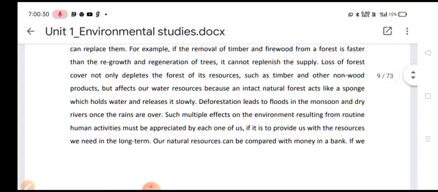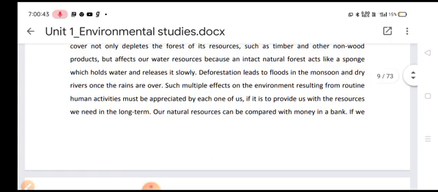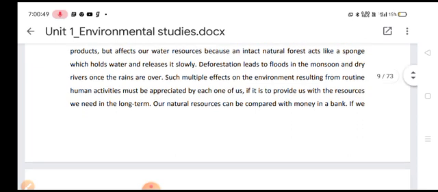The loss of forest cover not only depletes the forest of its resources such as timber and other non-wood products, but affects our water resources, because an intact natural forest acts like a sponge which holds water and releases it slowly. Deforestation leads to floods in the monsoon and dry rivers once the rains are over.